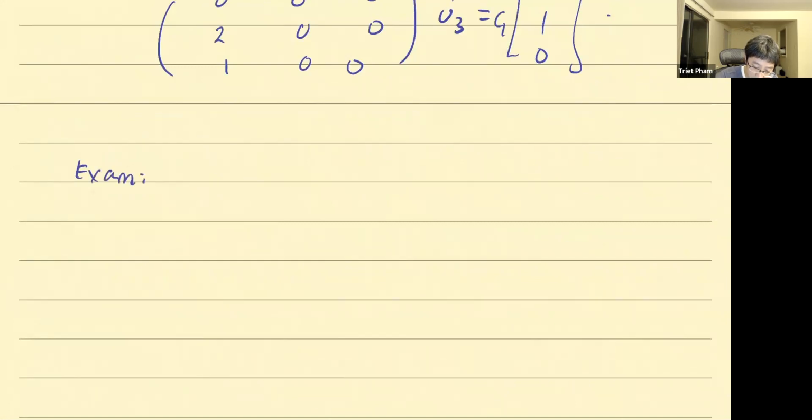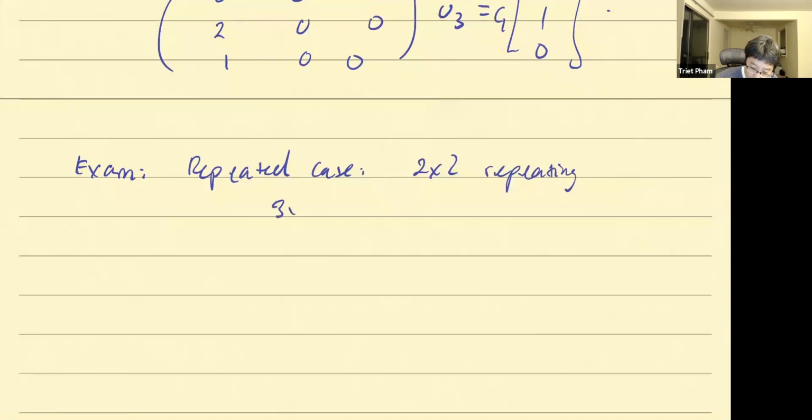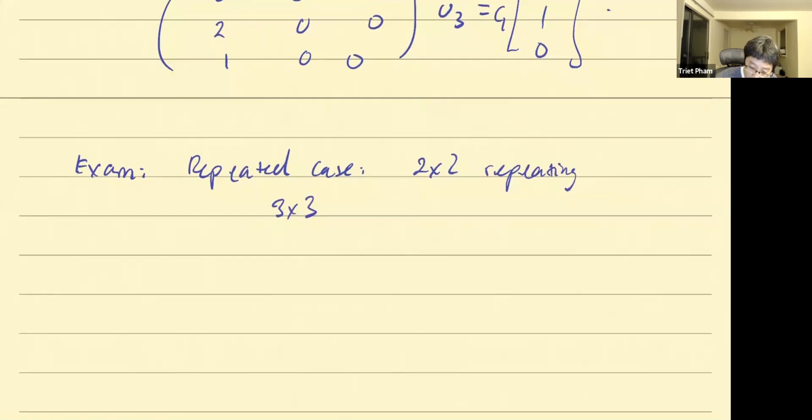For the repeated case, I'll only do either a 2 by 2 repeating or 3 by 3, where you have lambda 1 and then lambda 2 and lambda 2. So you won't have the 3 repeating case that I just covered. That case is for your interest only.